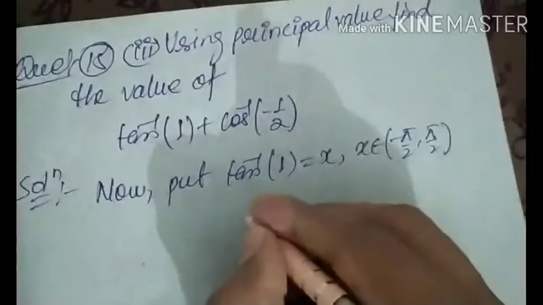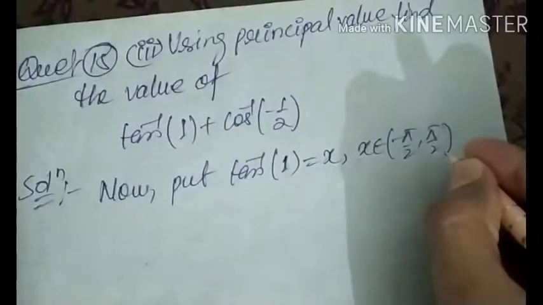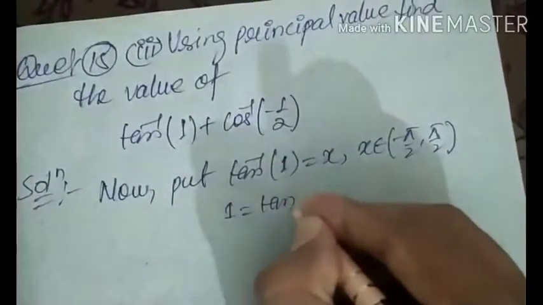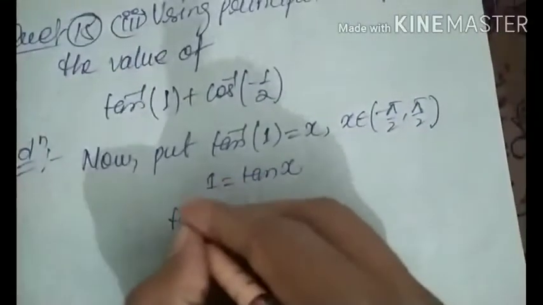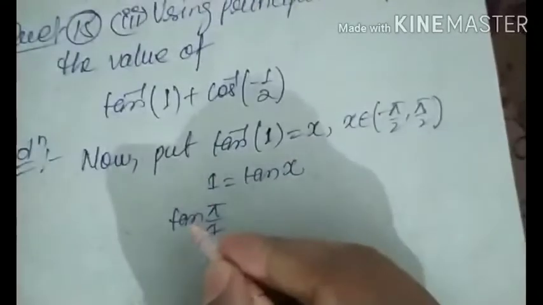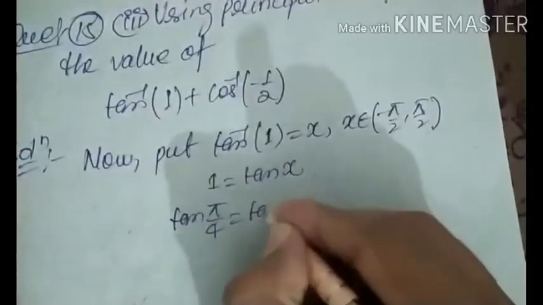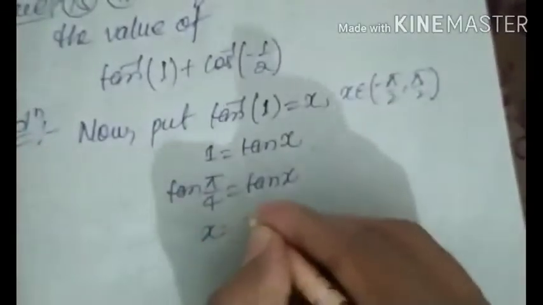Since x is between minus pi by 2 to pi by 2, we can write 1 is equal to tan of x. The value of tan pi by 4 is 1. Then in place of 1 we can write tan pi by 4, which is equal to tan x. Comparing both sides, we get x is equal to pi by 4.